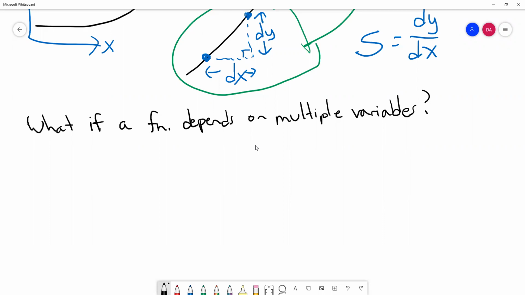Okay, so what if a function depends on multiple variables? In this case, our work becomes a little bit more complicated, but not really impossible. When a function depends on multiple variables, then we can look at change in two different ways. We can look at change as a partial change, or we can look at change as a total change.